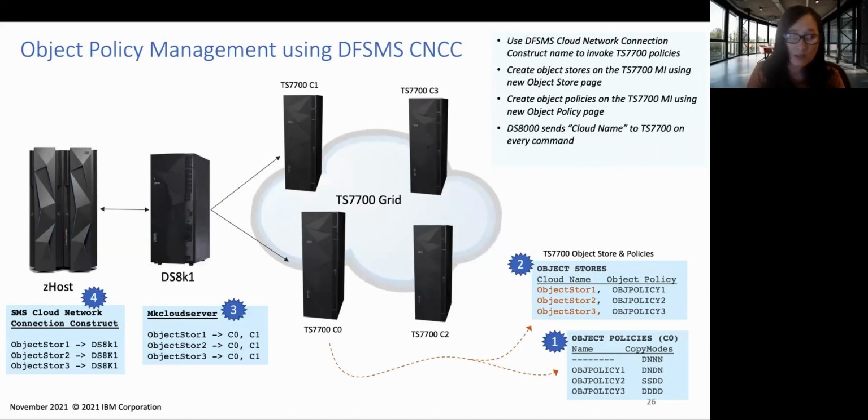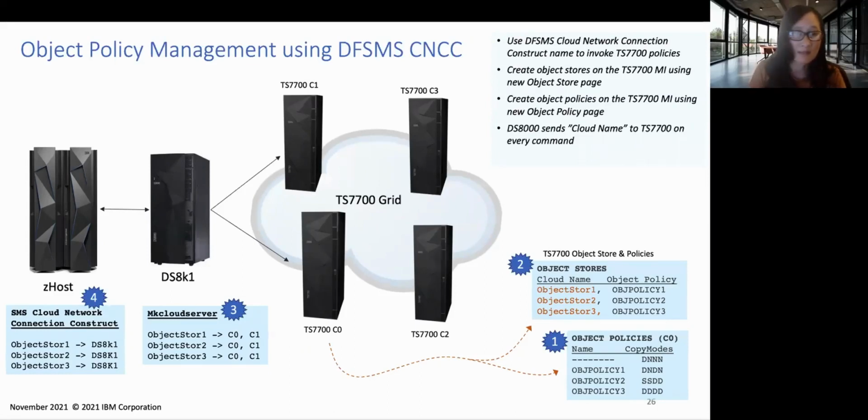Step 3, this is now configuring the DS8000 to talk to 1 or 2 7700s. I just put clusters 0 and 1 in here, but these would be IP addresses. So you would do your make cloud server command, again using the same cloud network connection construct name, object store 1, 2, and 3, pointing those to the IP addresses of cluster 0 and 1.